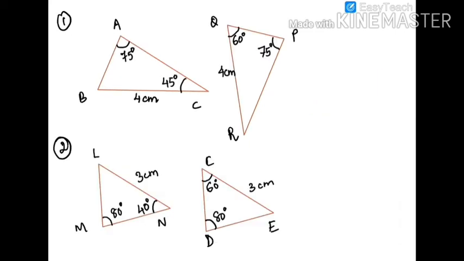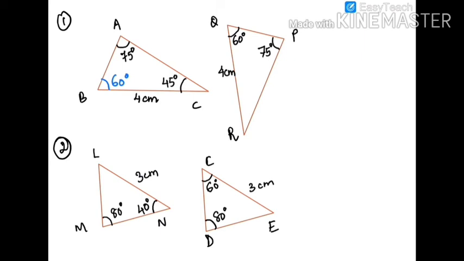Now try to find whether the given set of triangles are congruent in these two examples. In triangle ABC, angle A is 75, angle C is 45. In triangle PQR, we know two angles, angle Q is 60 and angle P is 75. So we have only one corresponding angle equal, that is angle A equal to angle P. However, if we find the third angle, it comes out to be 60 degrees.